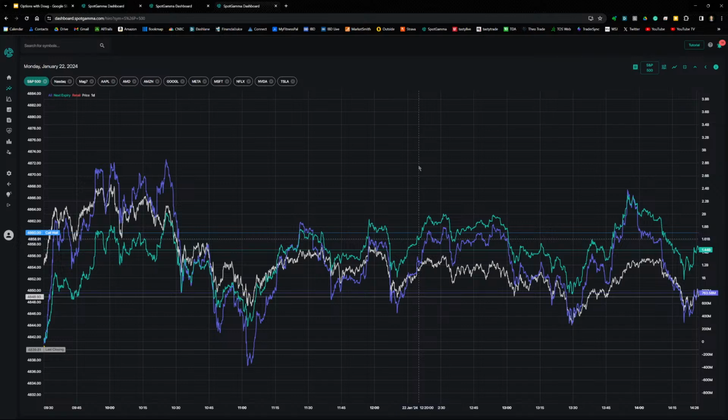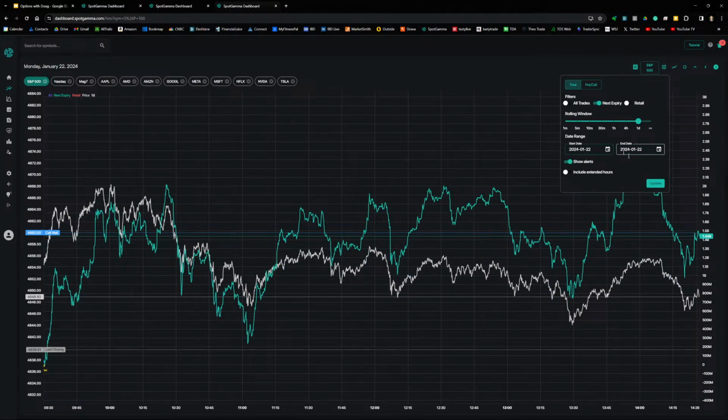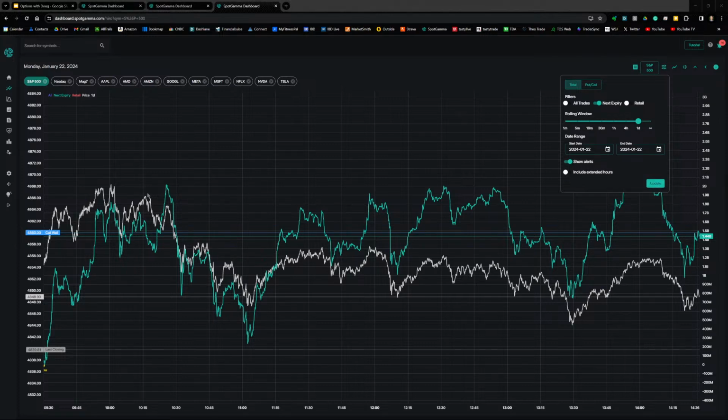And one takeaway for today, this is pretty typical of the 0 DTE traders. Let's turn off all trades, so we're just looking at 0 DTE. It's the mean reverting options trades. Again, remember we're in a positive gamma environment.